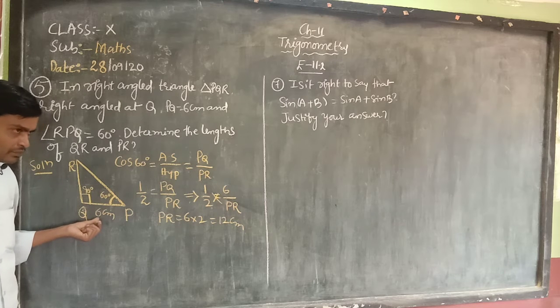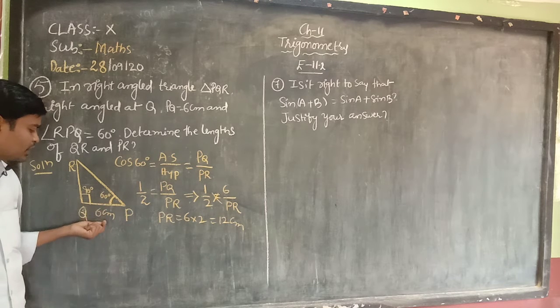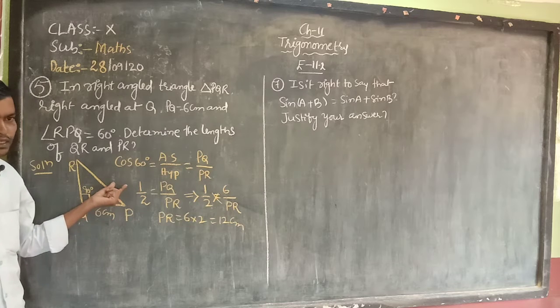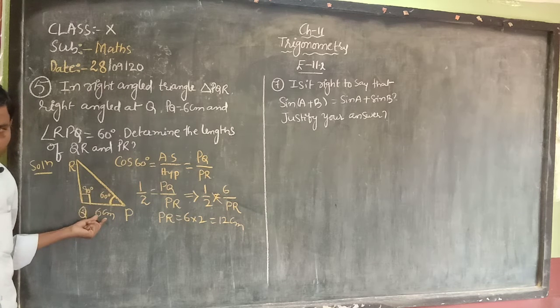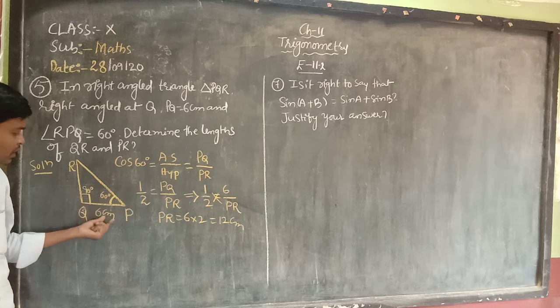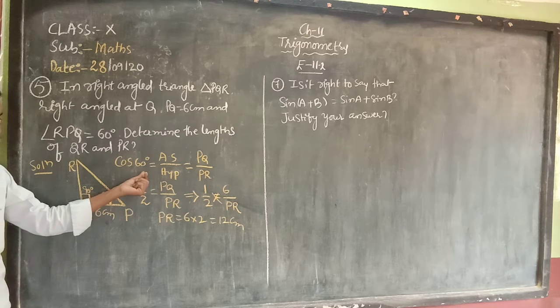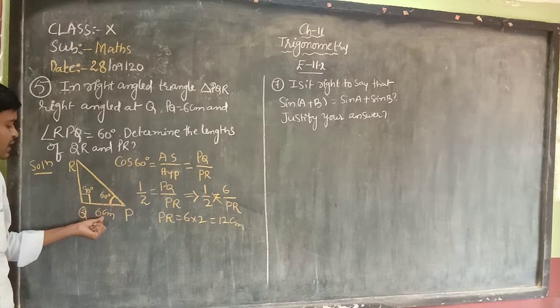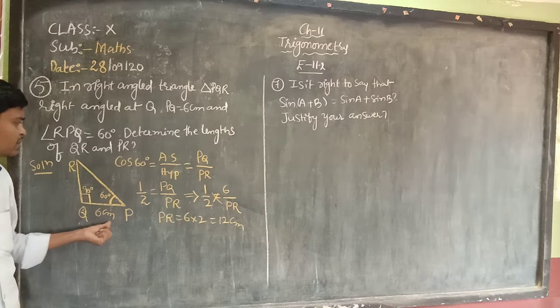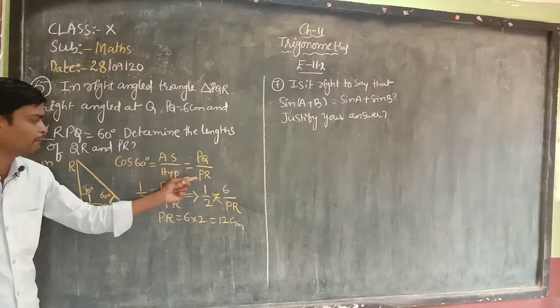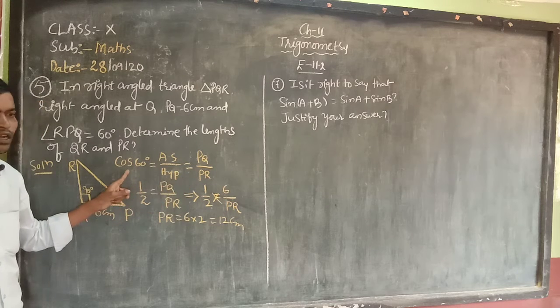So here the relation between adjacent side to hypotenuse is cos. Therefore, angle P is 60 degrees mentioned. Now cos 60 degrees is equals to adjacent side by hypotenuse. Adjacent side is PQ, hypotenuse is PR. But cos 60 how much?